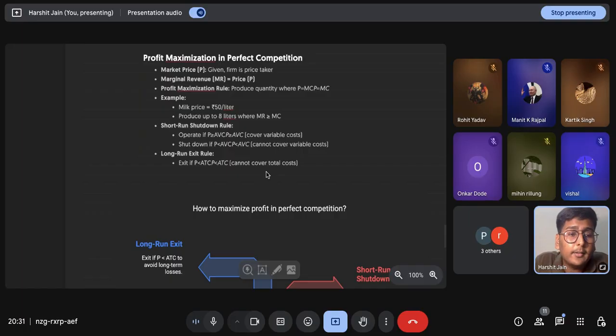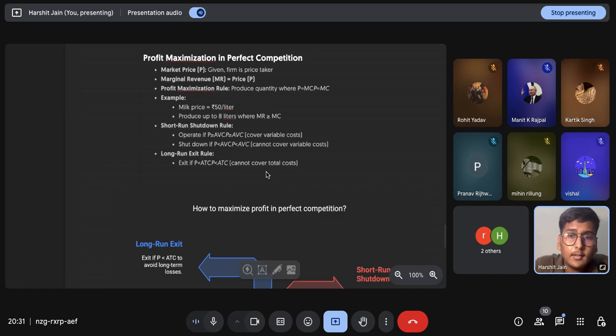The professor gave a table for the minimum and maximum quantity produced, so we will get the maximum profit. For 1 liter of milk production, the seller has to invest 100 rupees, and beyond 8 liters, the seller has to invest more than 50 rupees.